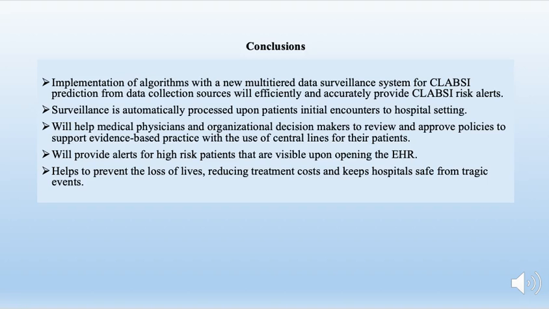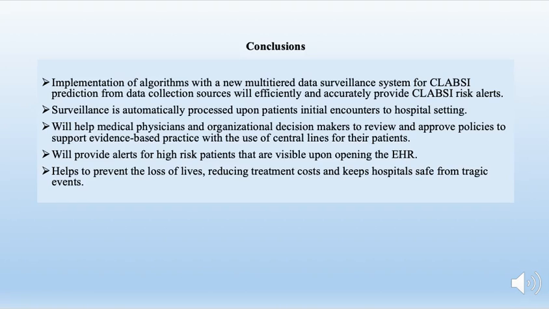In conclusion, implementation of algorithms with the new multi-tiered data surveillance system for CLEBC prediction from data collection sources will efficiently and accurately provide CLEBC risk alerts. Surveillance is automatically processed upon patients' initial encounters to hospital settings.